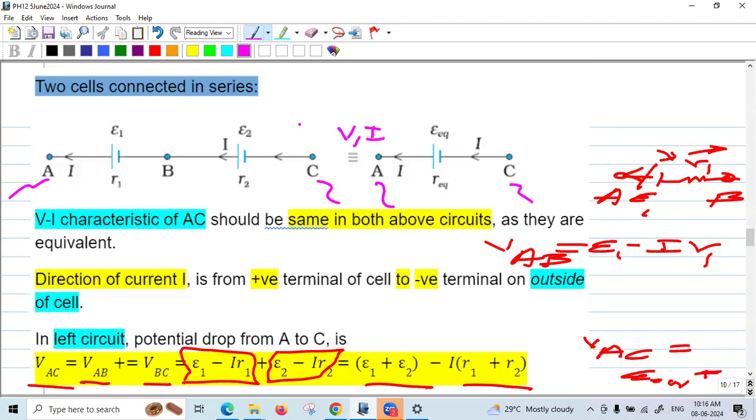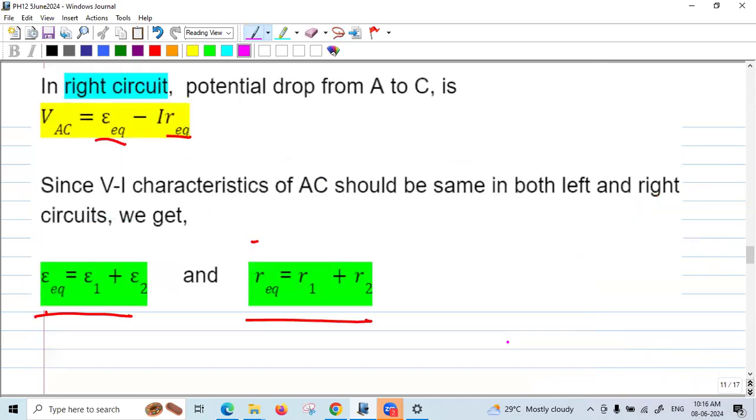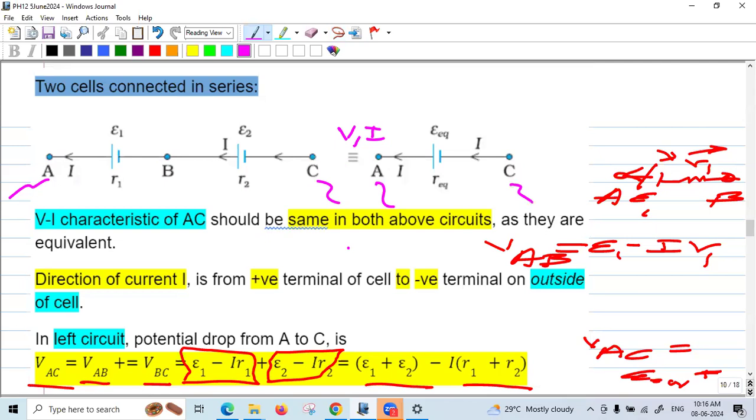I say these two are equivalent in terms of this characteristic across A and C. So for the first cell, I can write VAB, which is the drop from A to B.